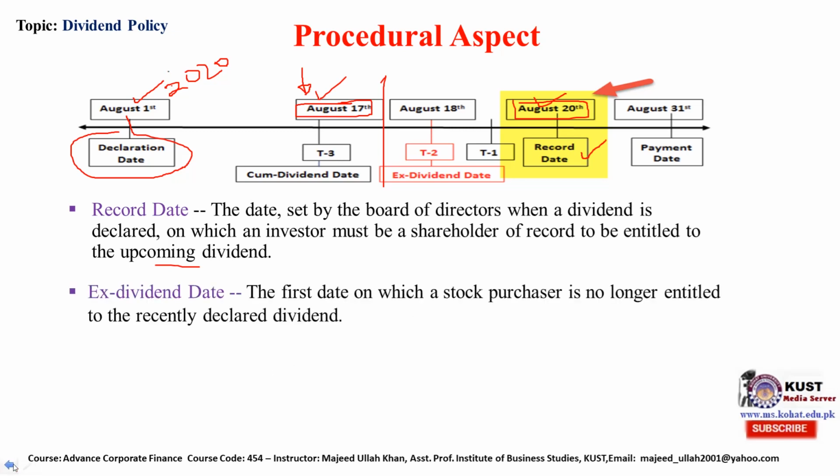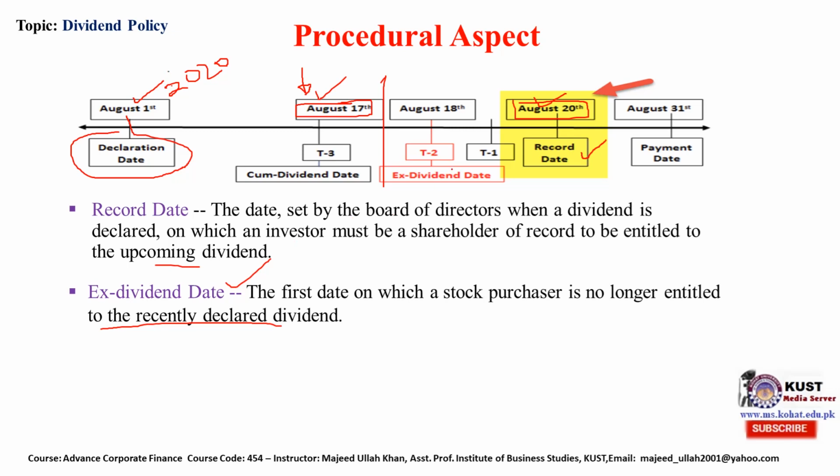The ex-dividend date is basically the date after the record. The first date on which the stock purchaser is no longer entitled to the recently declared dividend is called ex-dividend.